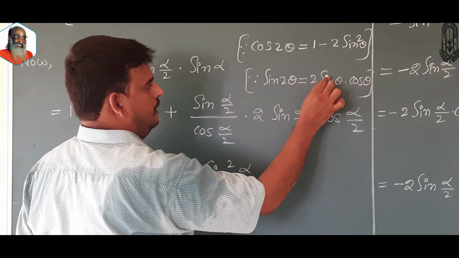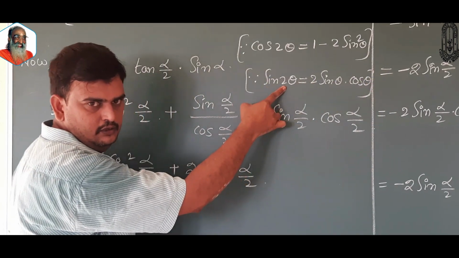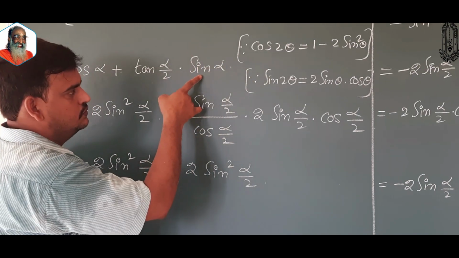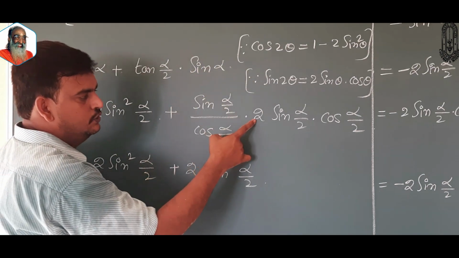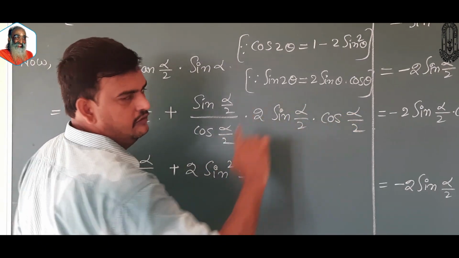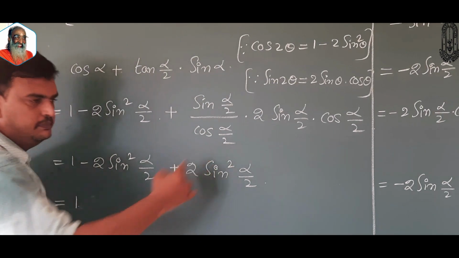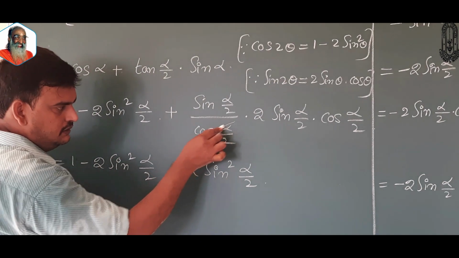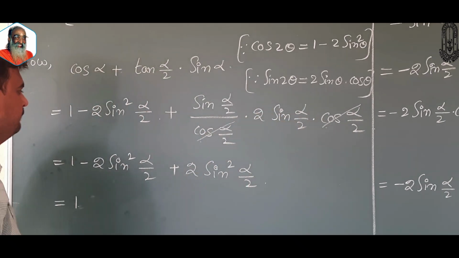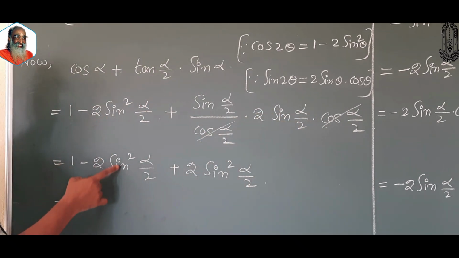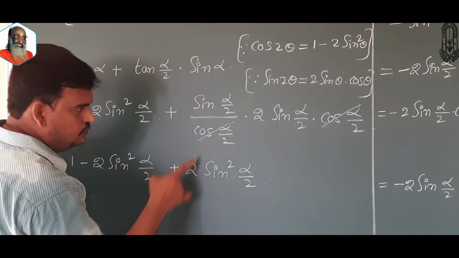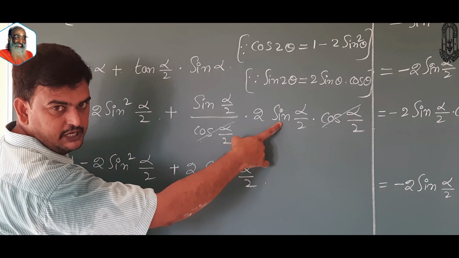Now by applying this sin 2 theta value, we are converting sin alpha into submultiple angles. So sin alpha can come as 2 into sin alpha by 2 into cos alpha by 2. When we simplify here, cos alpha by 2 and cos alpha by 2 both get cancelled. 1 minus 2 sin square alpha by 2 plus 2 sin alpha by 2 into sin alpha by 2.